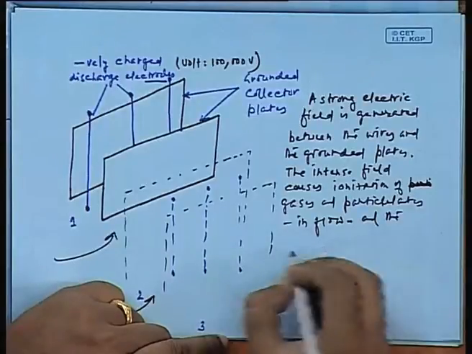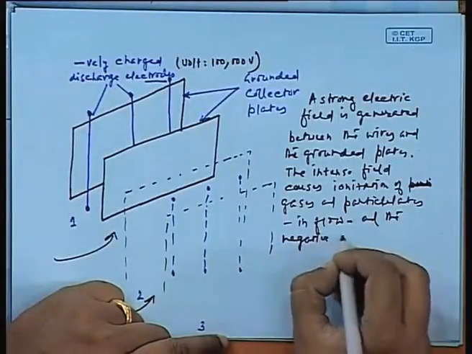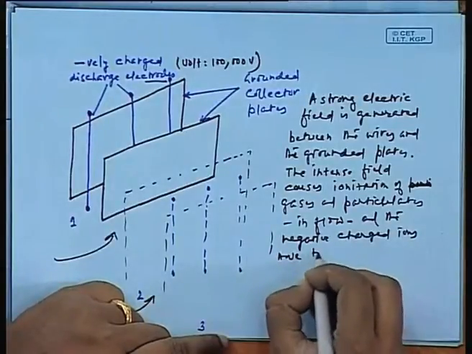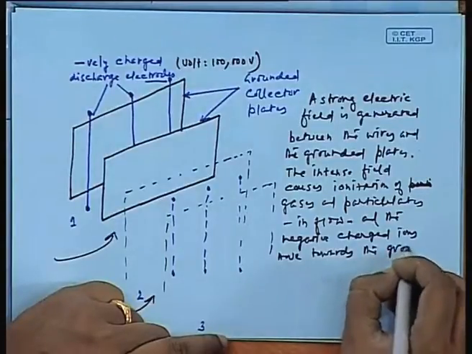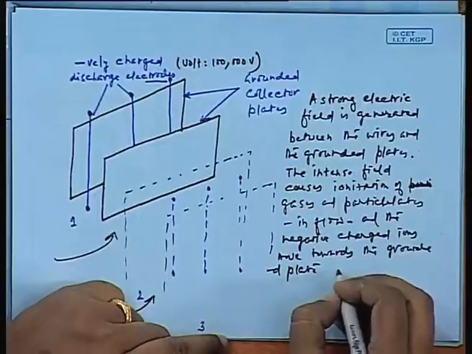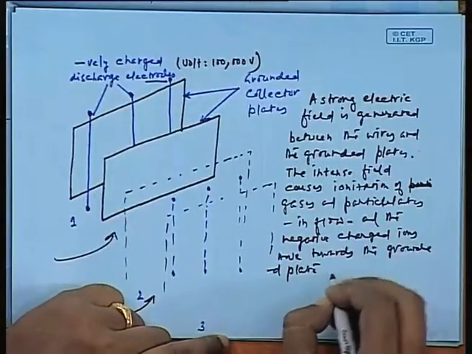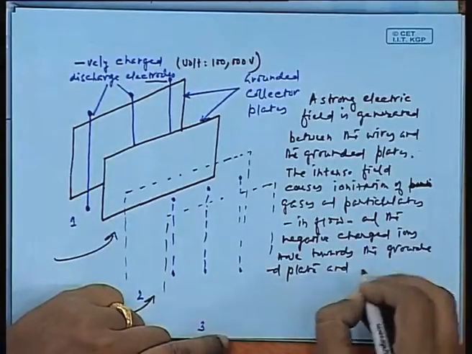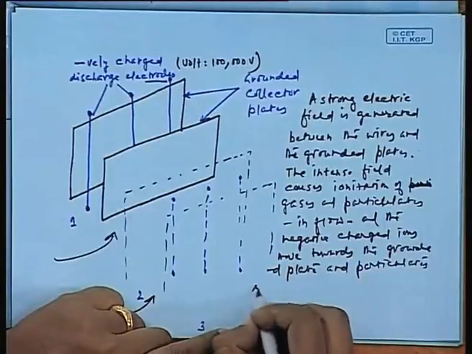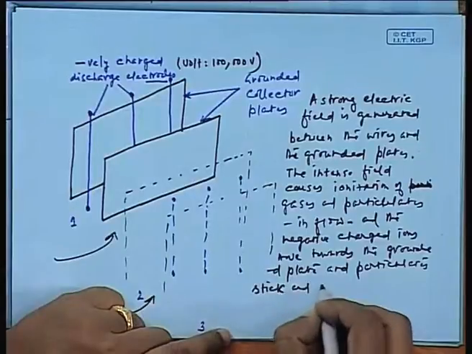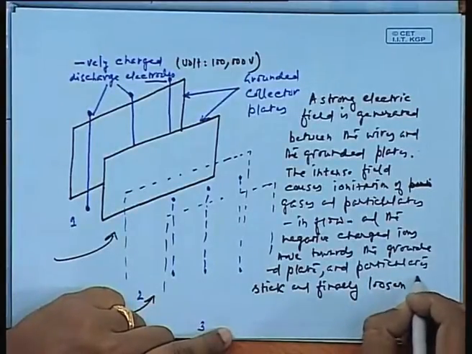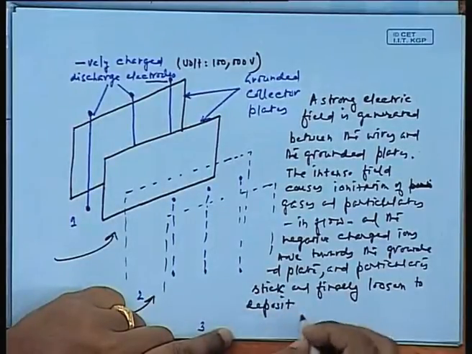and the negative charged ions move towards the grounded plate, and particulates stick and finally loosen to deposit at the bottom.